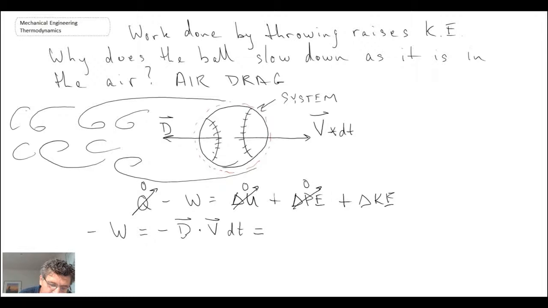We can represent the dot product in terms of scalars, or the magnitude of these two vectors, and there would also be a sign in there, but it would be cosine of 180 degrees, which becomes -1, which cancels out the minus sign, multiplied by dt is then equal to the change in kinetic energy, which we can express as kinetic energy at t minus kinetic energy at a later time, t plus delta t, or dt.